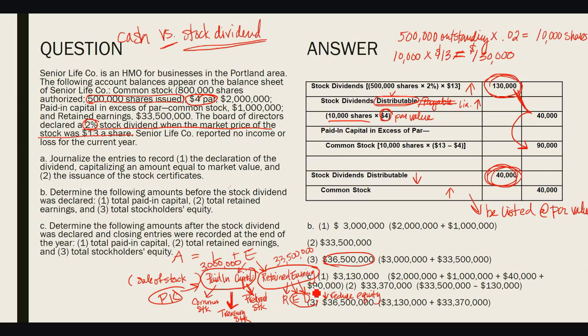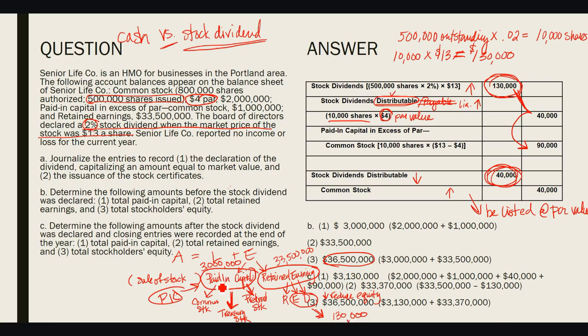Really simply, the dividend that we issued reduces my retained earnings. So we see that dividends being issued reduces retained earnings. And how much did we do? It was a market price of 130,000.